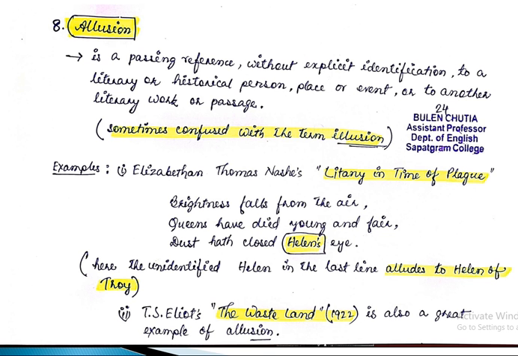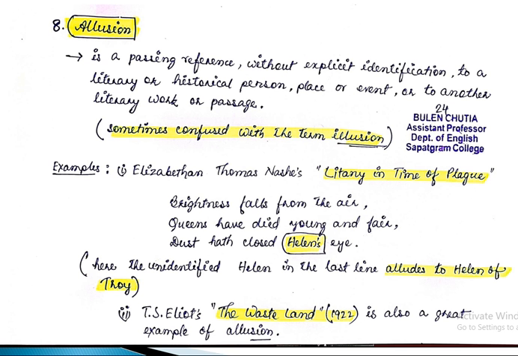But the readers have to understand who Helen is. Here, this unidentified Helen is, okay, the Helen of Troy. I think you know the Trojan War, the war between Troy and Sparta, where the war happened due to the beautiful Queen Helen.